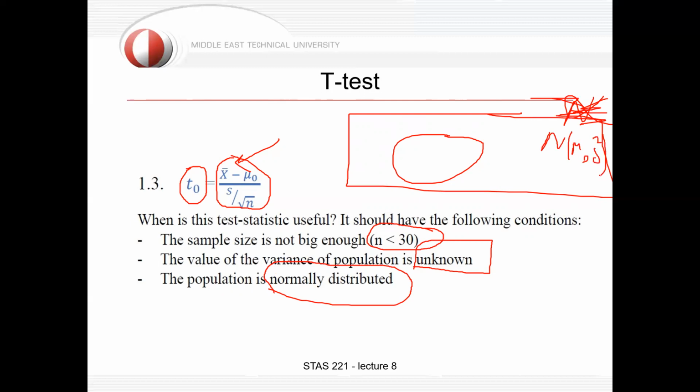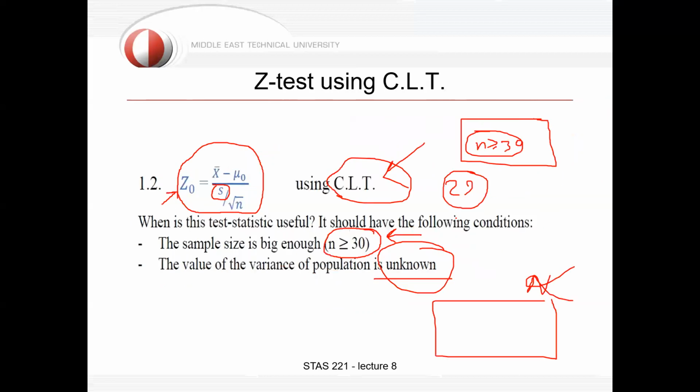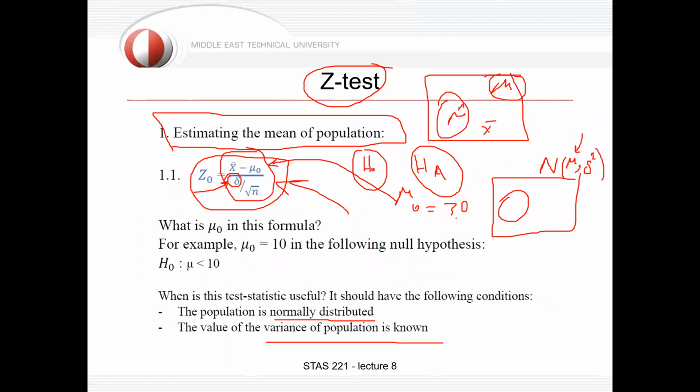Okay, let me rephrase it from the beginning since I didn't explain it correctly. So there are three conditions. The sample size is not big enough. I know the population is normally distributed, but I don't have information about the variance of the population. If the variance of the population was known, without even considering the sample size, I could use the first test statistic.